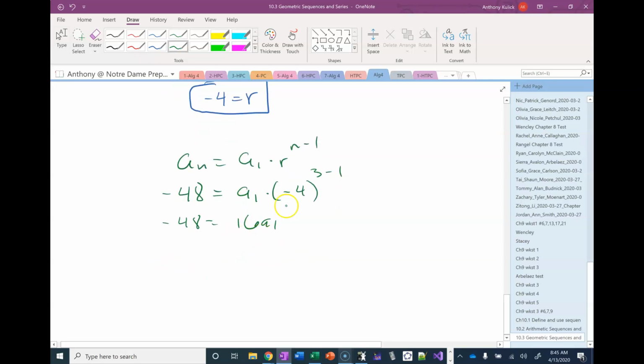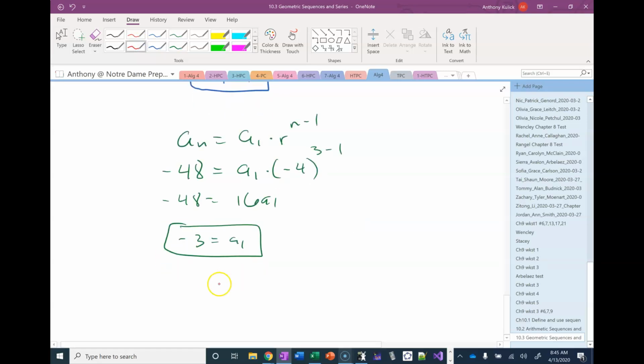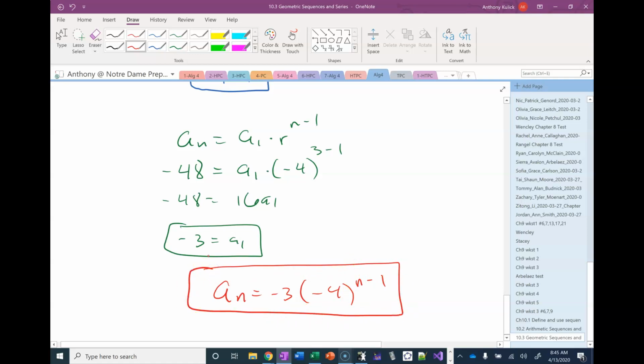And to get the A1 by itself, we'll just divide both sides by 16. So I get that A1 is negative 3. Now that I have A1 and r, I have everything I need to write my rule. And I'm done.